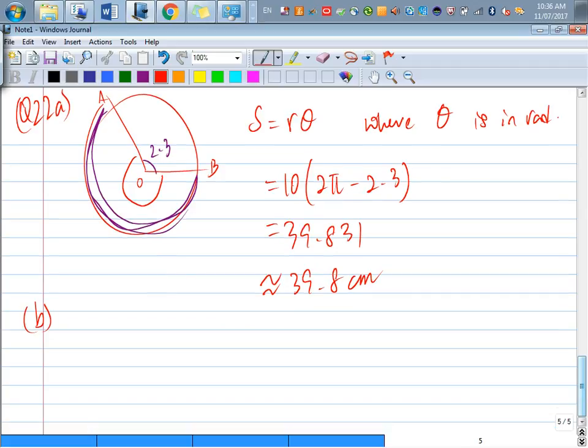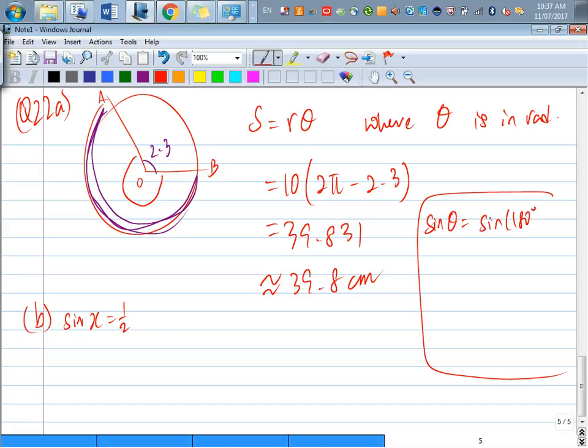Now in part B, find two values of x in radians such that sine x is equal to a half. What is the other value that we should be considering? There are two things we need to know. First, sine theta equals sine (180 degrees minus theta), or in radian form, sine (pi minus theta).